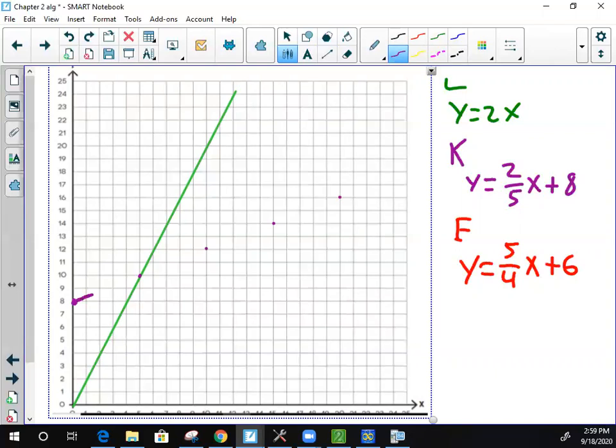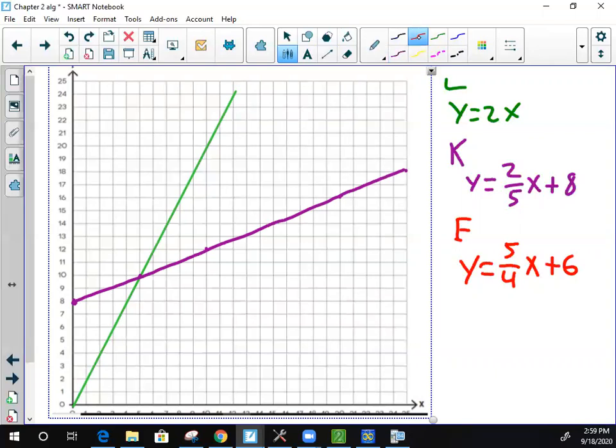And her line will look something like that. And if we keep going to the end there, she'll have a line that looks something like that. That's a graph of her line.